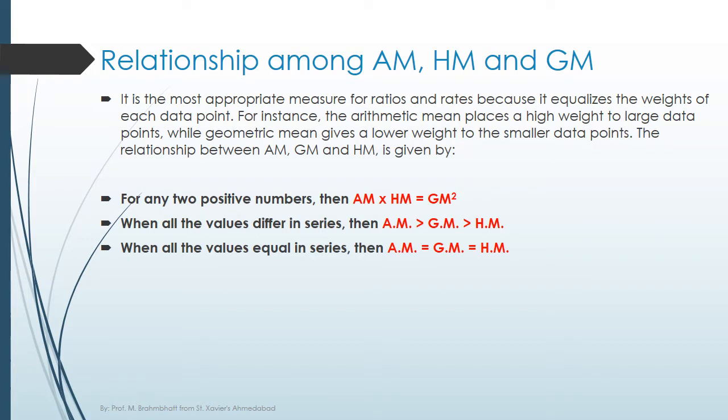When all the values differ in the series, such as x1 is not equal to x2 and so on, in that case AM is greater than GM, which is greater than HM. When all values are equal in the series, such as x1 equals x2, then AM equals GM, which equals HM.